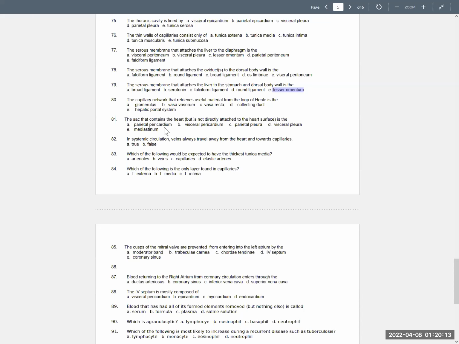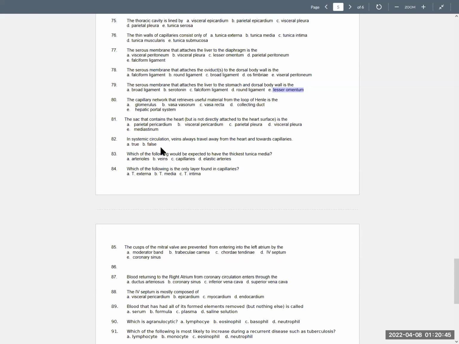If you look at the last name, pericardium, that surrounds the heart. Pleura, that's the lungs. Mediastinum is the area between the lungs. It's got to be one of these first two. The visceral pericardium would be on the heart itself and not be movable. It's the parietal pericardium that forms the outer sac. A is the answer.